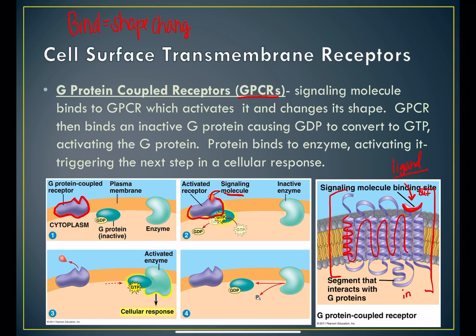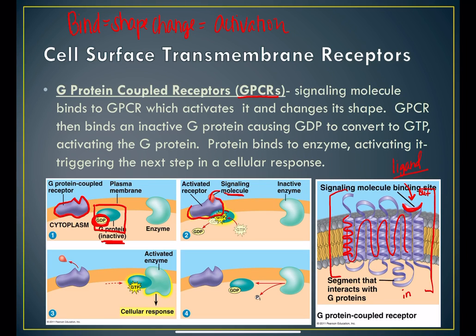And it also equals activation. So this is causing a shape change, and it's going to activate it. This activated G protein coupled receptor is then going to bind to the previously inactive G protein. You see here, this G protein is inactive. It's got GDP bound to it.